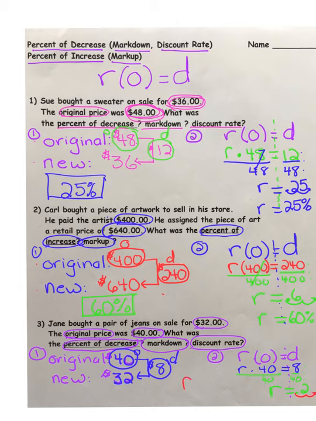That means our rate, our discount rate, is 20%. We received 20% off the price. This concludes page 3 on percent of increase and percent of decrease.